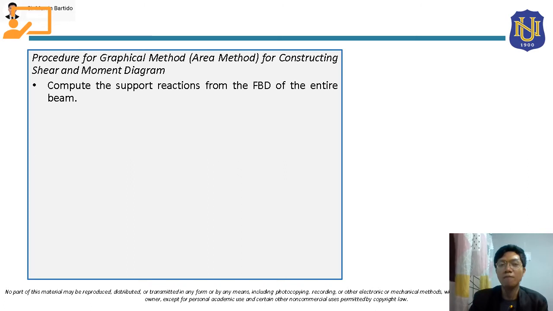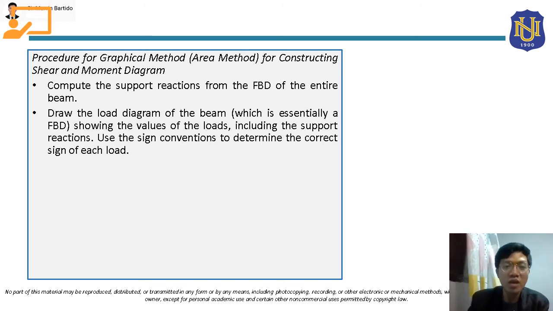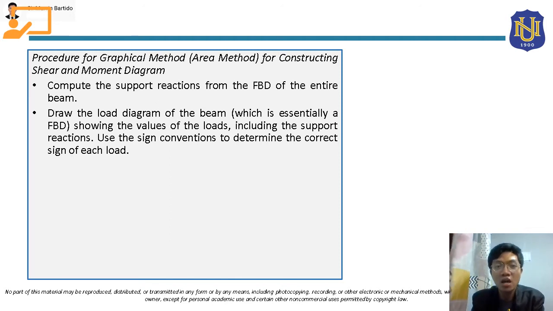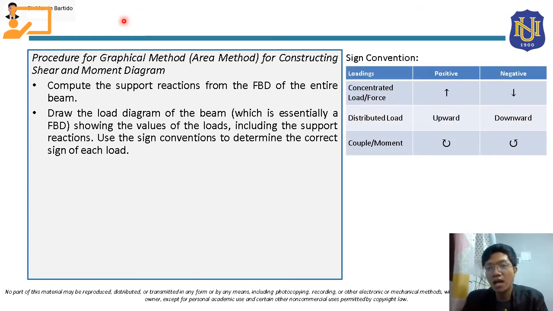The second step, class, is to draw the load diagram of the beam, which is essentially a free body diagram showing the values of the loads, including the support reactions. Use the sign conventions to determine the correct sign of each load. I've already mentioned this in our previous discussion.